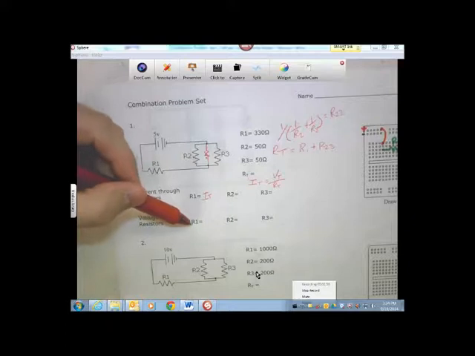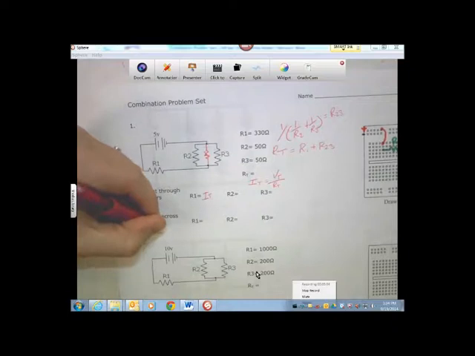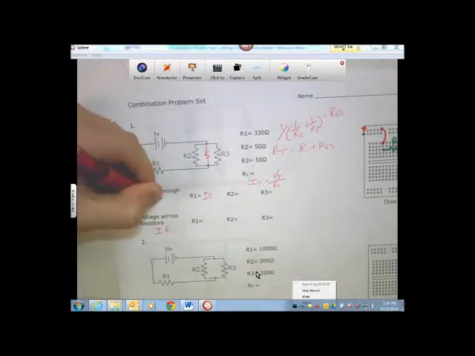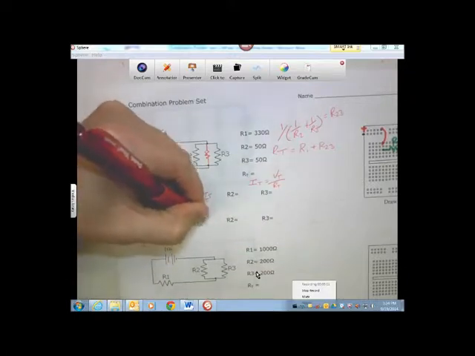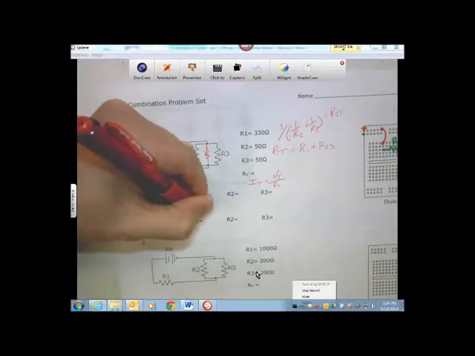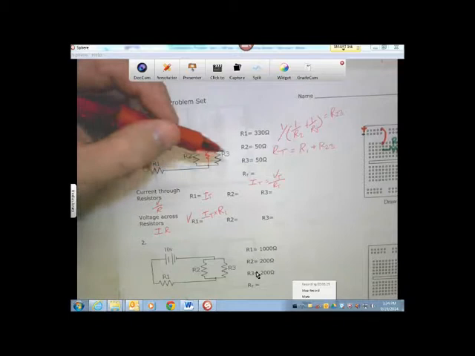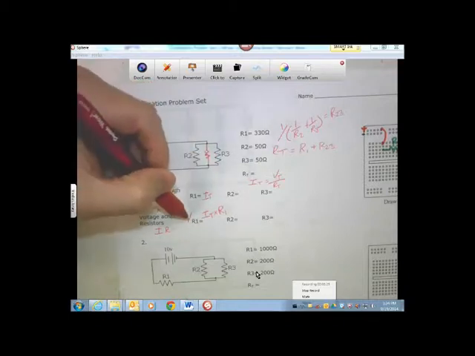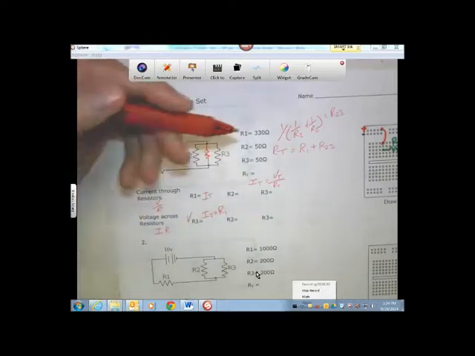Now we can determine the voltage across R1, which, of course, is going to be equal to I times R, and current is V over R. So the I I'm going to use is I total, so voltage of R1 is equal to IT times R1. Now that we know the voltage drop of resistor 1, we can determine the voltage drop of resistors 2 and 3 together because they're in parallel.